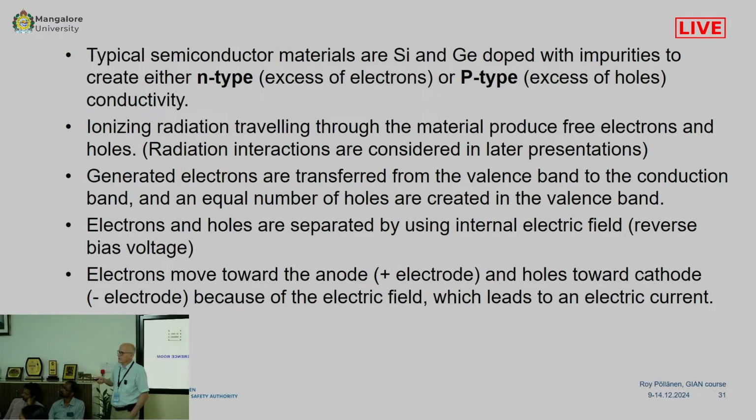They can move there, and an equal number of holes are created. They are collected and separated by using an internal electric field. Electrons move toward the anode and holes toward the cathode.